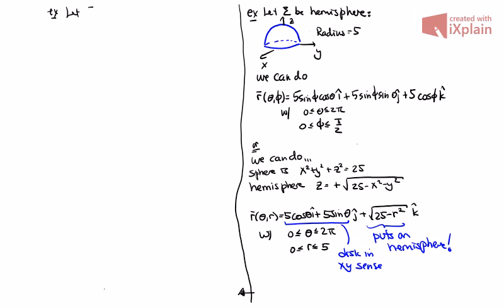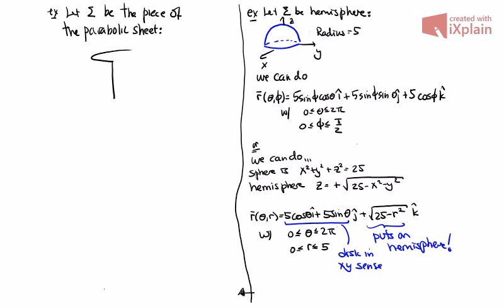So we'll say let sigma be the piece of the parabolic sheet. So I'll draw this. I'll take the parabolic sheet, and I'll draw the parabolic sheet in black because that's not sigma.